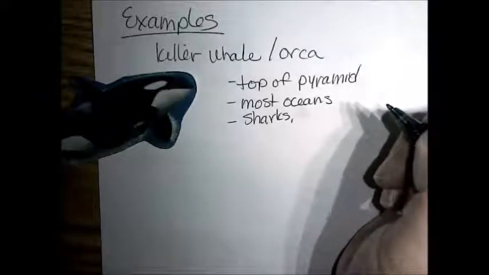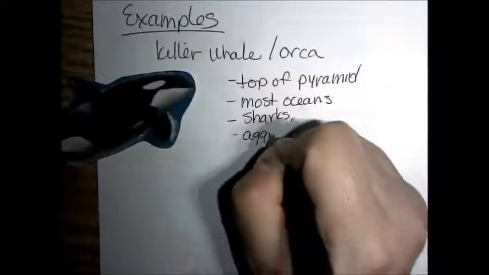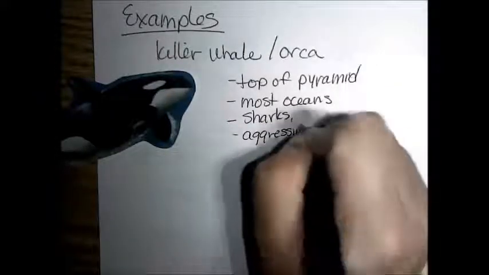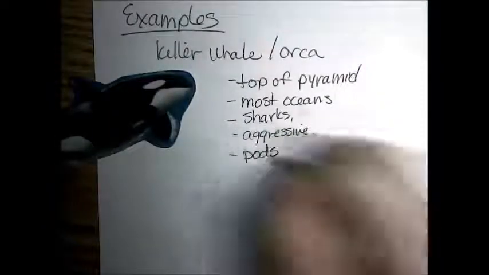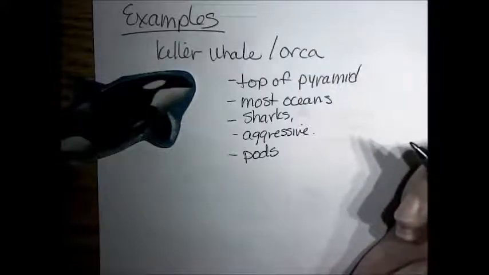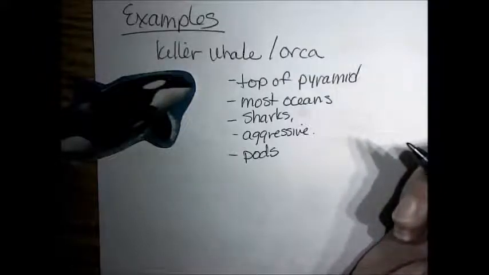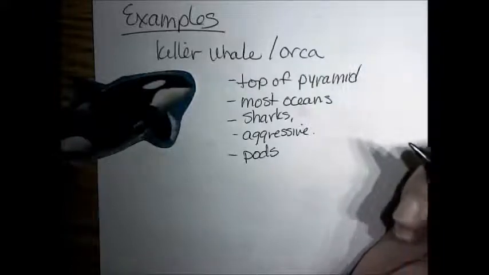They're among the most aggressive types of hunters. Some live in pods or groups. That's important to know. Some killer whales prefer to eat one specific type of fish, while others prey on a wide variety of fish, and they range in size.